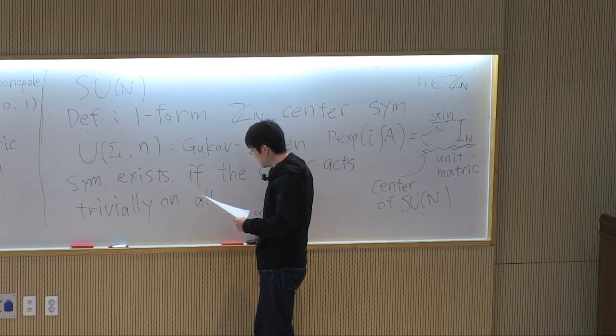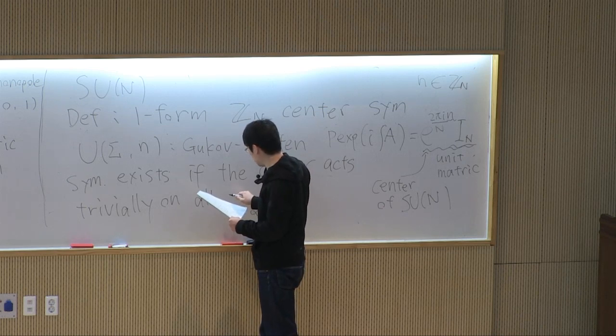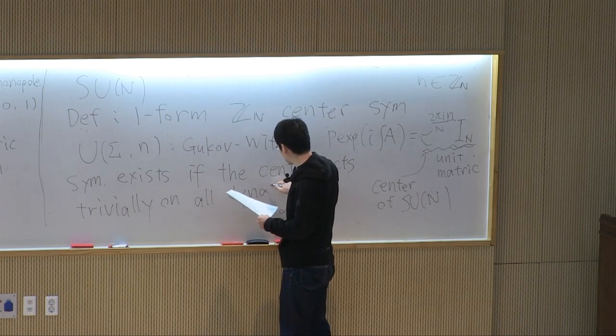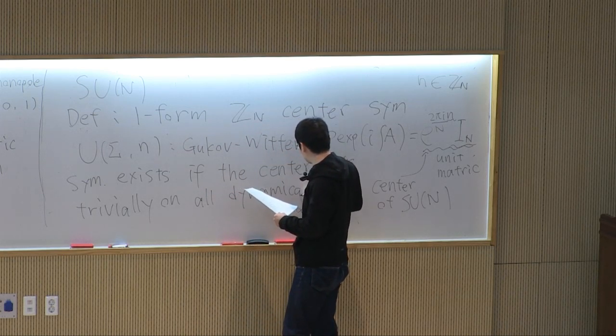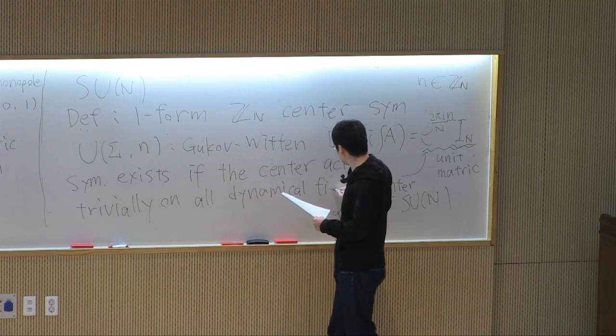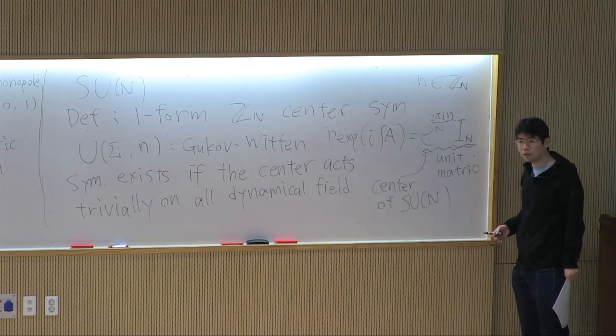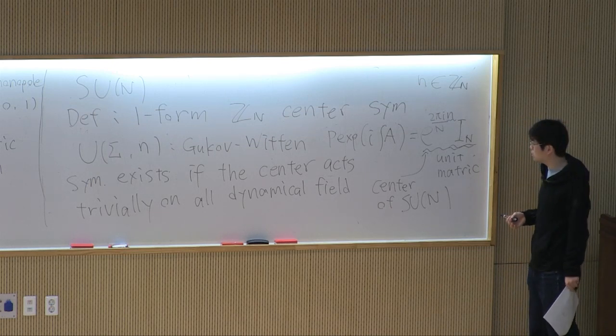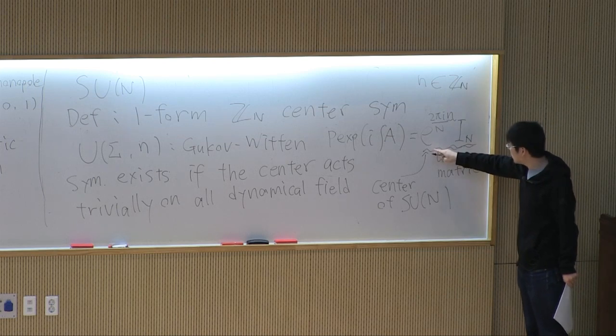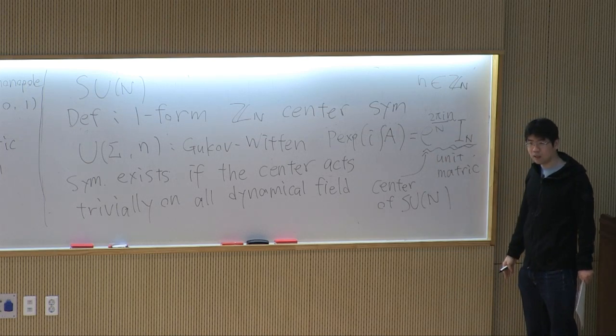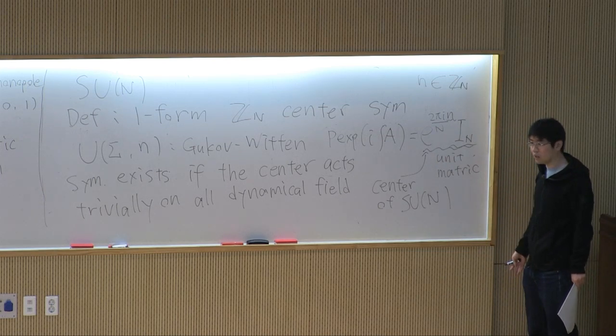The example is pure Yang-Mills theory and also super Yang-Mills theory. So in super Yang-Mills theory, all fields transform in the adjoint representation of the gauge group. And in the adjoint representation, the center acts trivially on the matter.